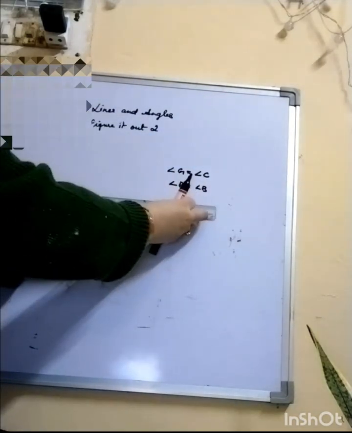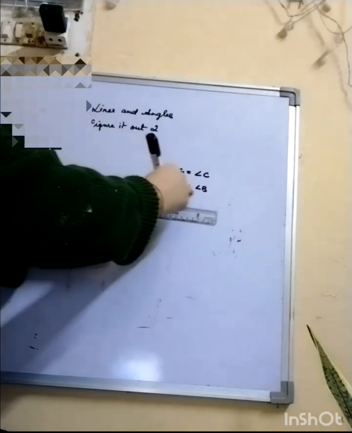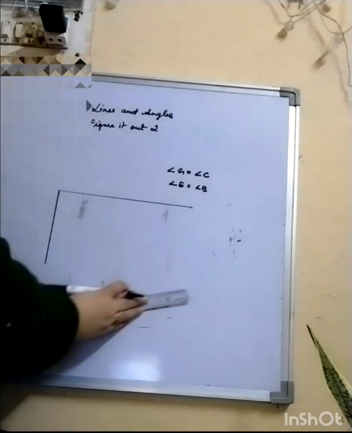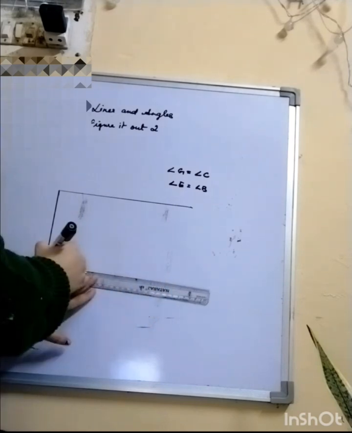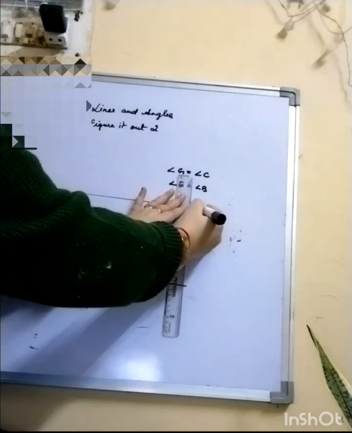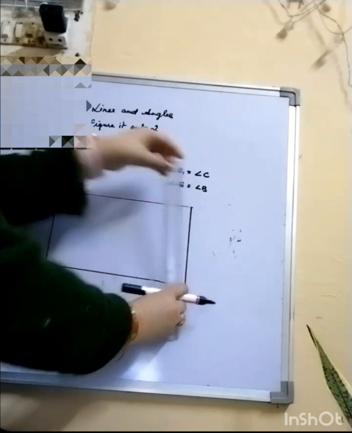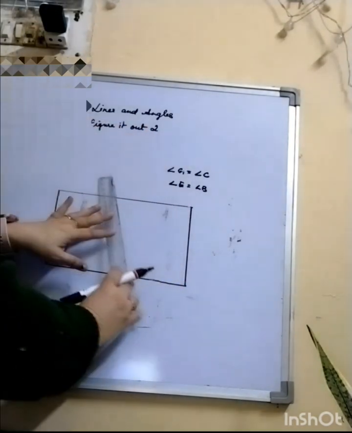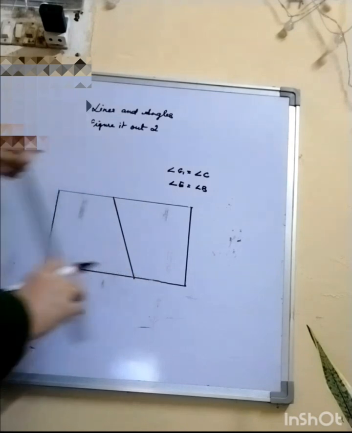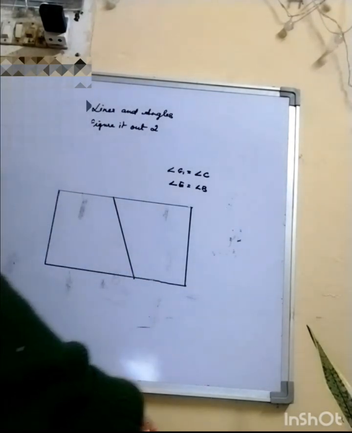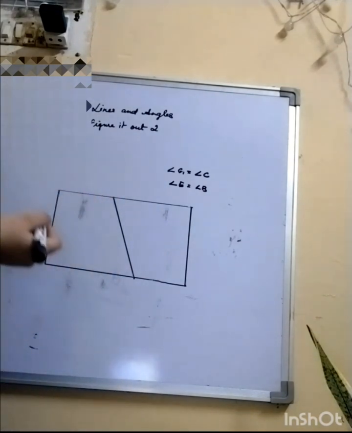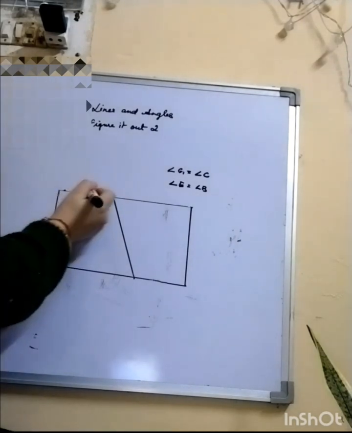We have taken a sheet of paper like this, and then we folded the sheet of paper from here. Then we marked angles. How do you mark an angle? You give a name to the vertex.